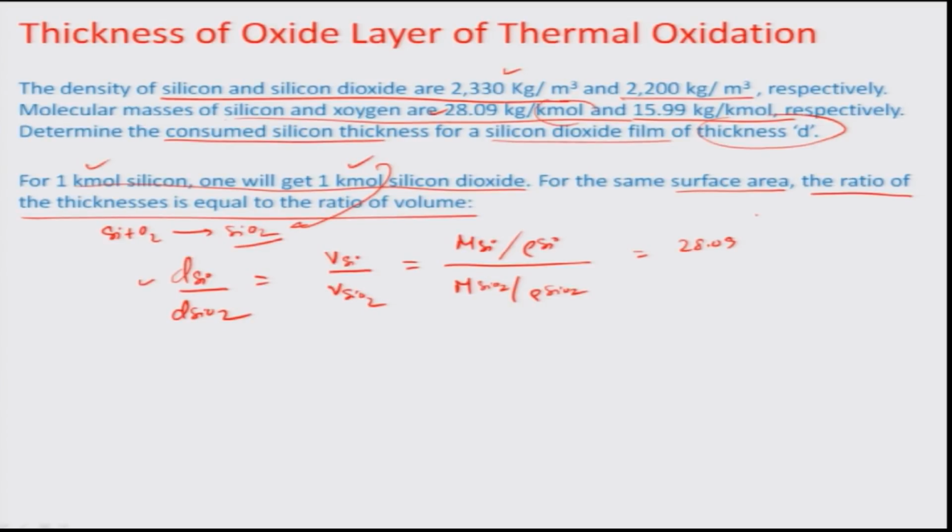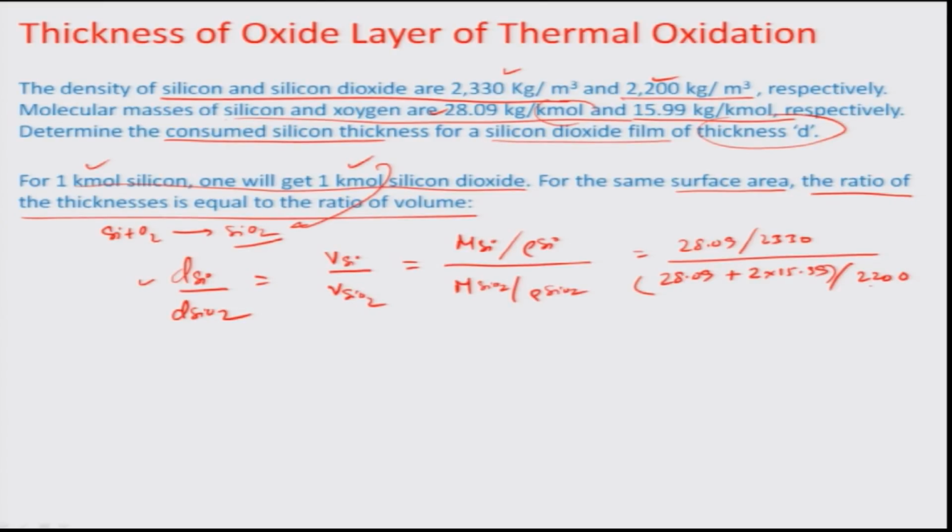So 28.09 divided by the density of the silicon, which is 2330, would give you the volume of the silicon in meter cube. Let us do the same for the mass of silicon dioxide, which is 28.09 for silicon plus twice 15.99 for the oxygen, because there are 2 moles of oxygen atoms, divided by the density of the silicon dioxide, which has been given as 2200 kg per meter cube.